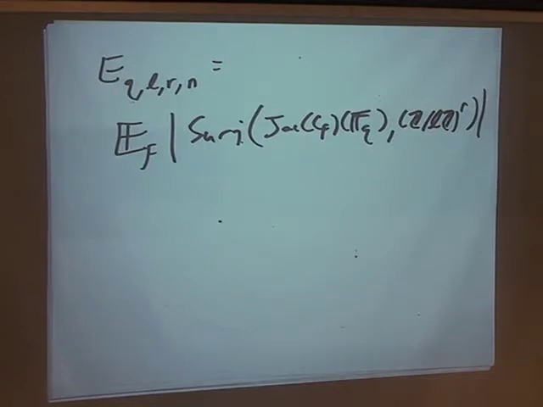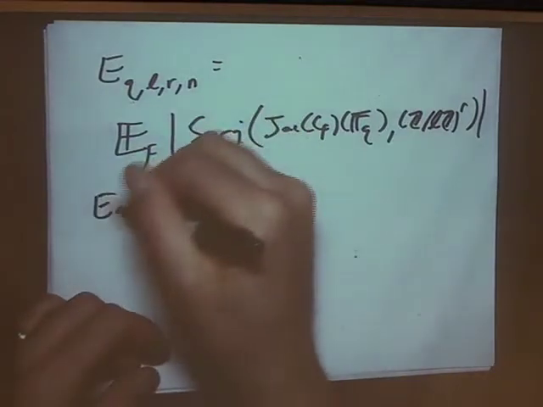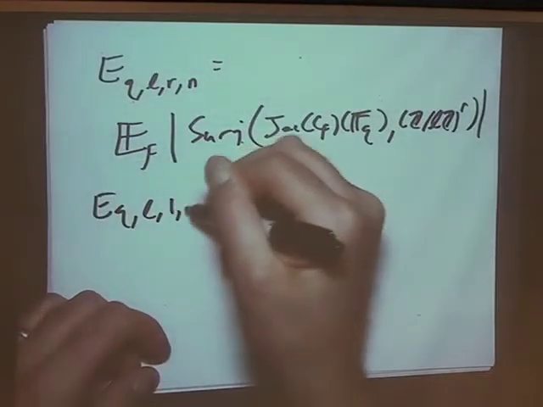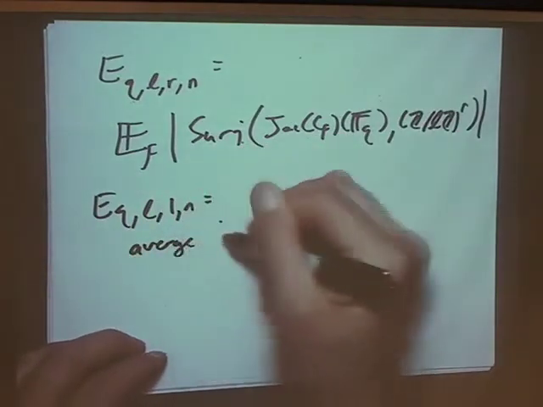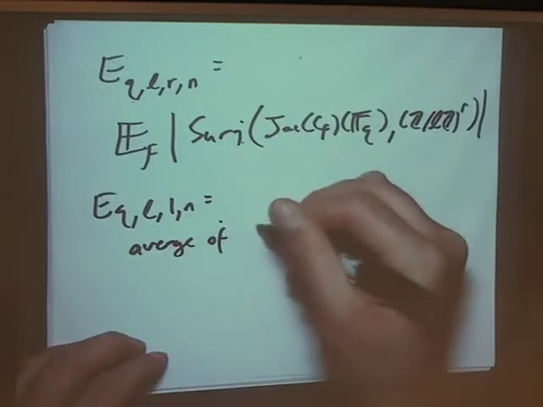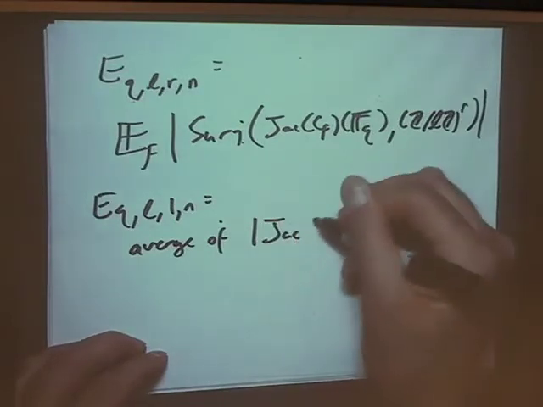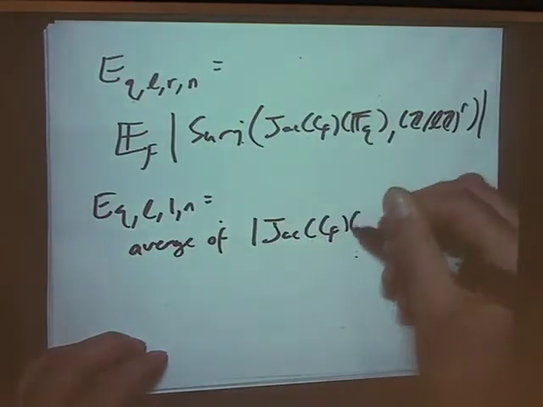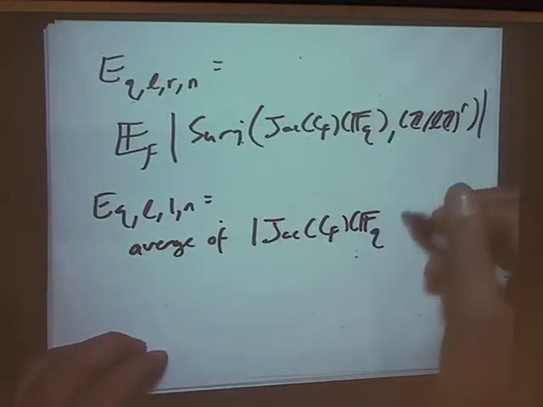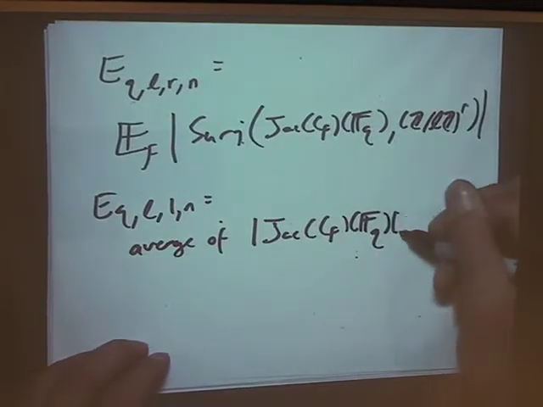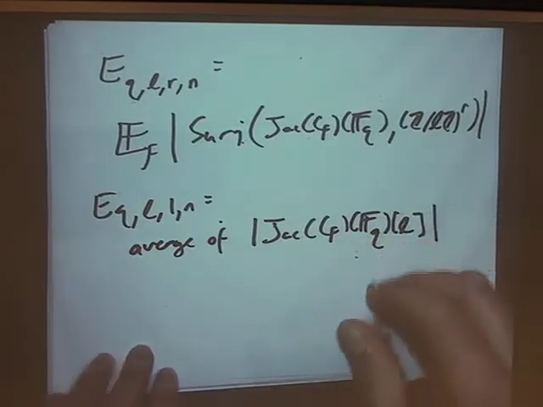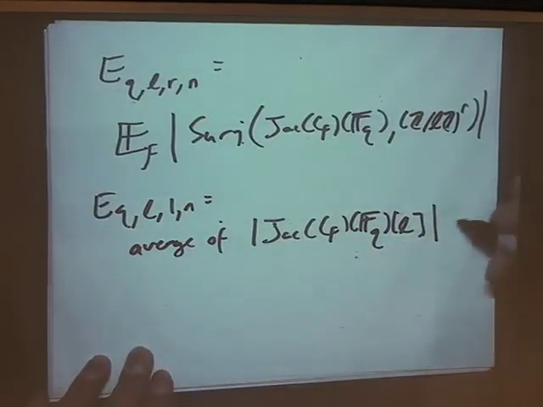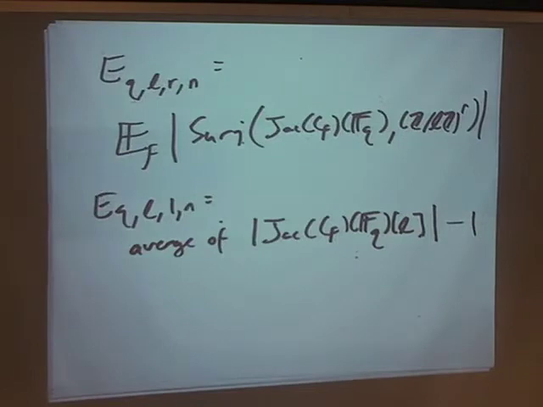So what is E_{Q,L,1,N}? It equals the average of the size of the L torsion here, but then one of these rational points is 0, and we don't want that, so that's the average of this.